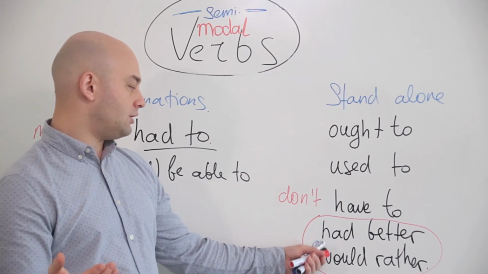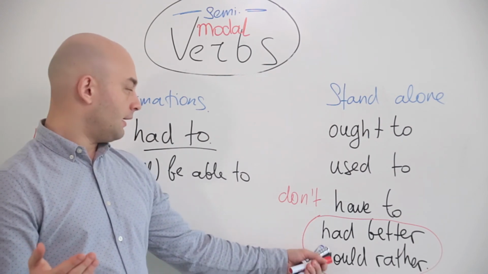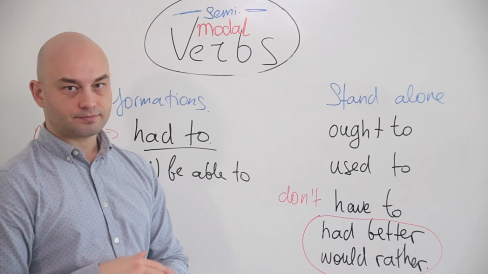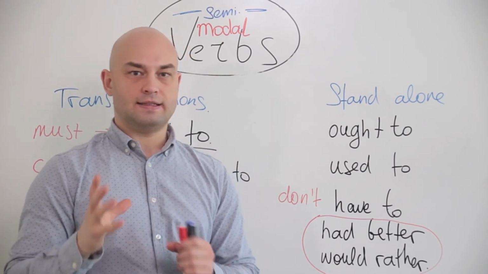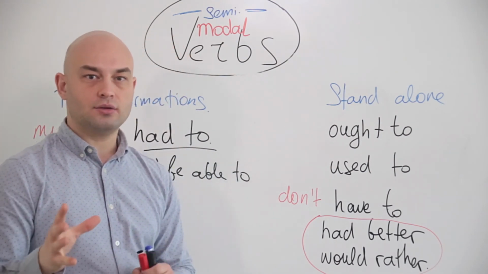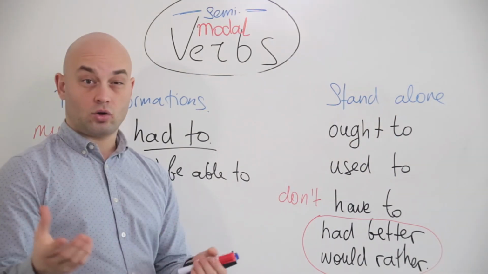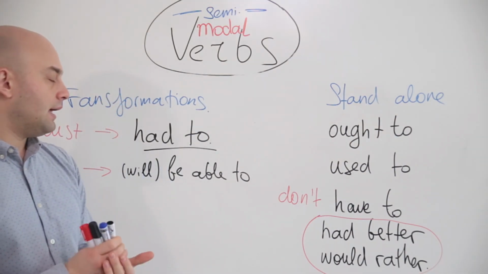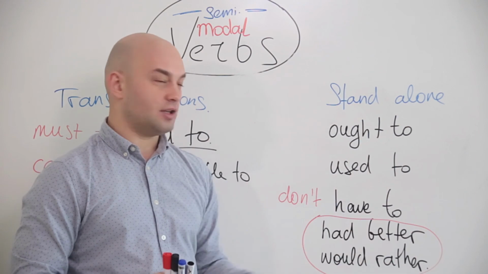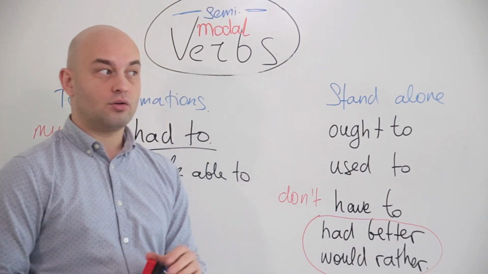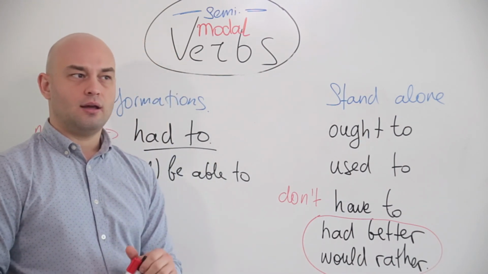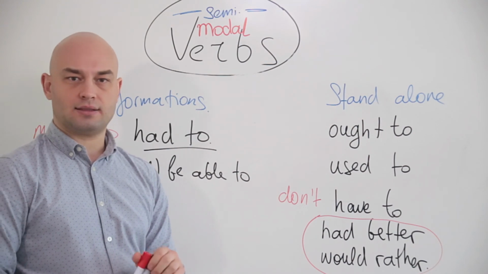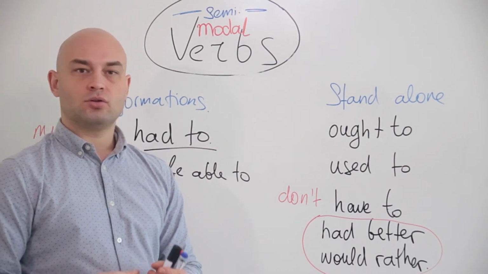And then we have these two combinations, had better and would rather. They are a bit more difficult, a bit more phrasal, a bit more colloquial, so to say. This one is used sometimes as a threat or as a strong recommendation. You had better do that, you had better talk to your friends.